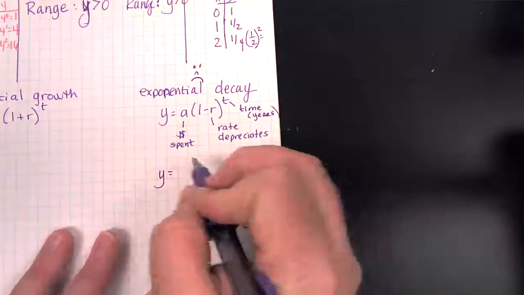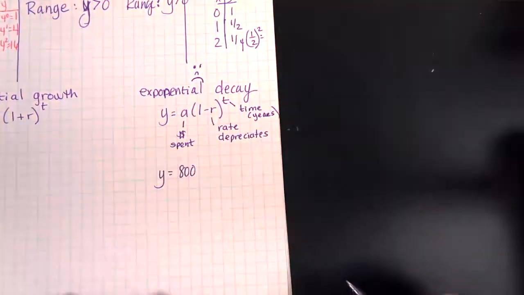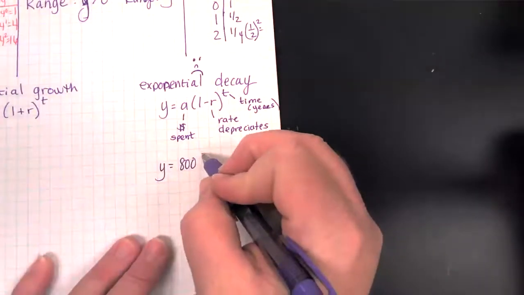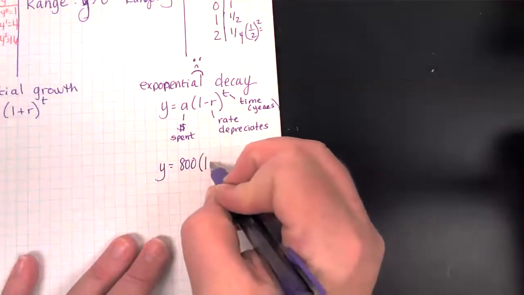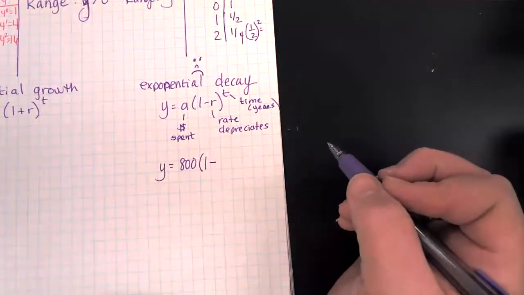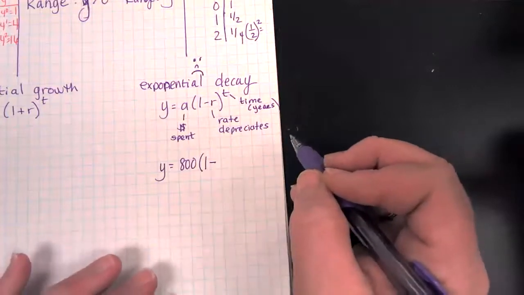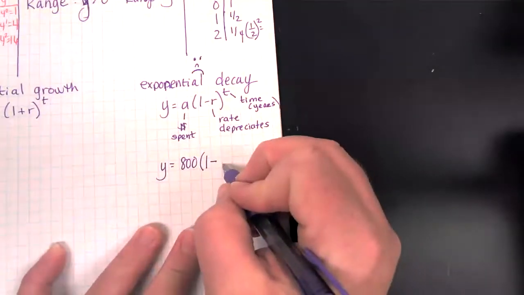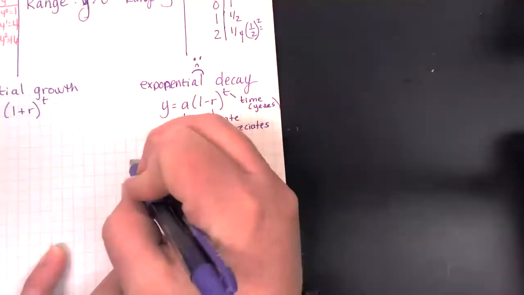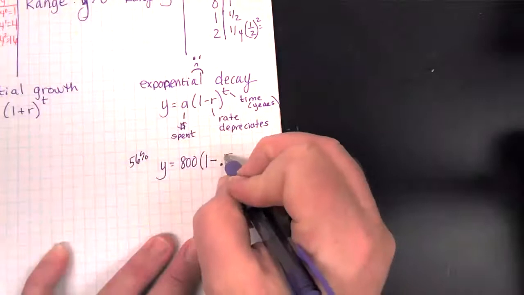cell phone. Okay, so you just bought a new iPhone for $800. I looked this up, and an iPhone depreciated at about 56%. So 56% is what in a decimal? Yeah, 0.56.